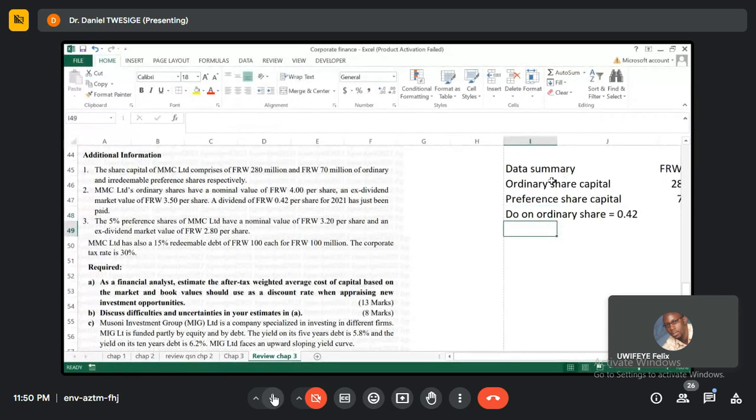Preference shares, if I come here, these are 5%. This is 5% preference share, and have a nominal value.